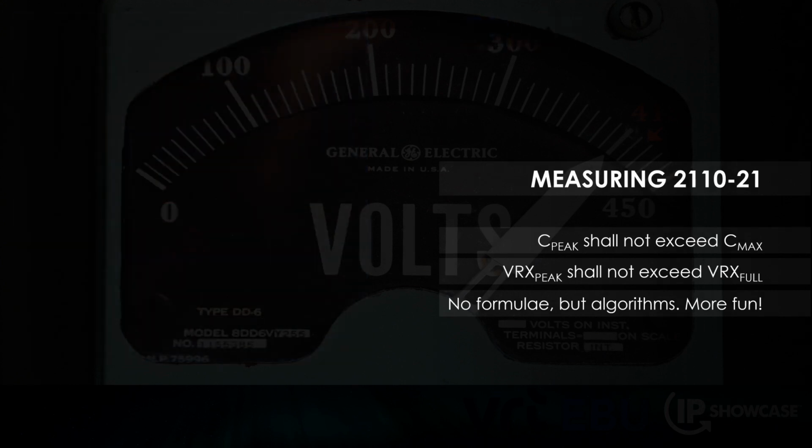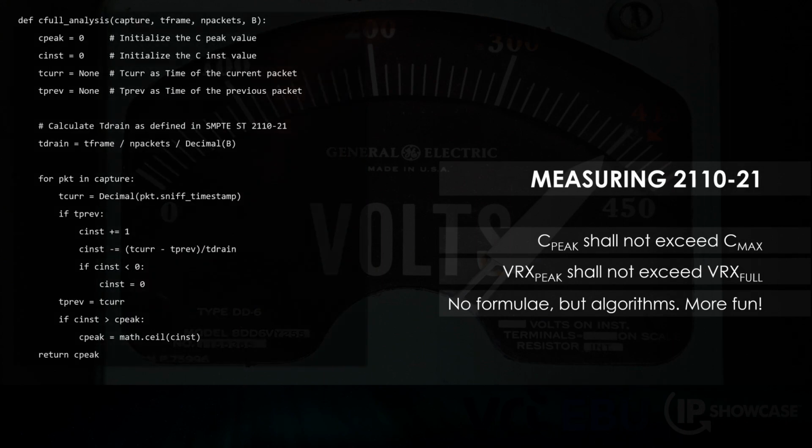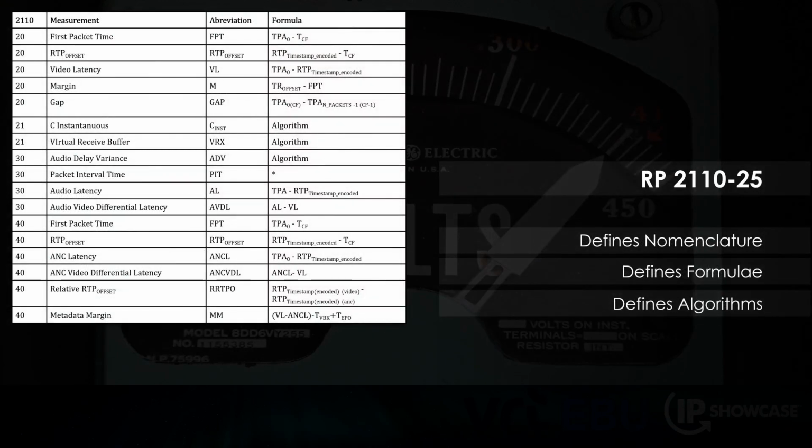So it's not only just the formulas, there are algorithms as well. This is the algorithm to measure the C buffer. That's pretty straightforward. VRX, that's a little bit longer. I won't bore you with the algorithm, so I'll skip to the next slide. The most important part is that we defined measurements. We defined the abbreviation, how the measurement is called, what the measurement is doing, and the formula.